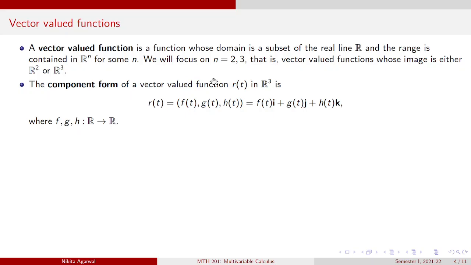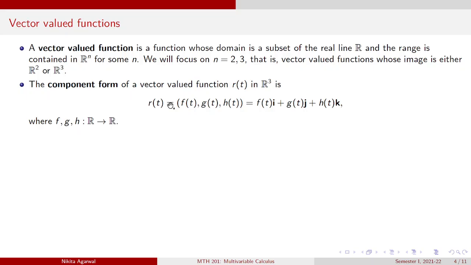Suppose the vector valued function takes a point in R and goes to a point in R3. Then r(t) will have three components, right? Because it is going into R3. So these are f(t), g(t) and h(t). It can also be written as f(t)i plus g(t)j plus h(t)k.